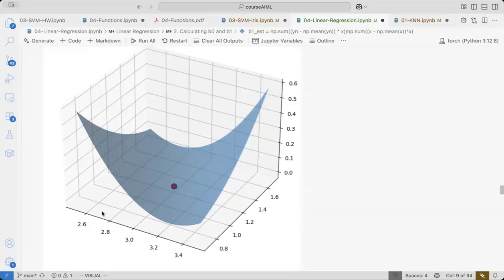So instead of doing this algebra and setting the derivative to 0, I can just start at some random point on this surface, ask which direction the function is reducing in, and take a step in that direction. Then at the new point, ask again in which direction it is reducing, and take a step in that direction. So I keep following the gradient, or the slope of the function, towards the minimum point. That is the key idea in gradient descent.